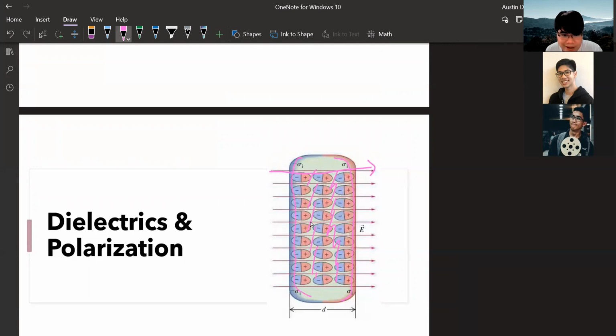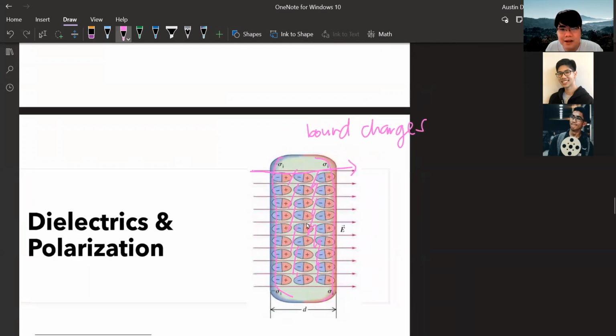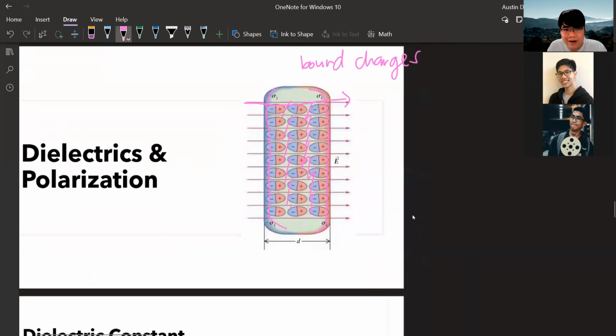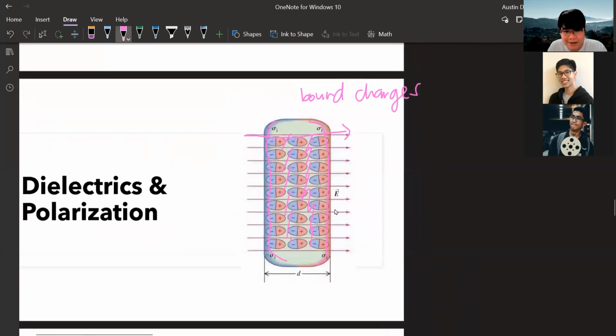So the material is now polarized and meron siyang sarili niyang mga charges. Tinatawag natin siyang bound charges. Okay? So yung mga bound charges, these are just the charges that emanate, quote unquote, when being affected by electric fields. Okay?